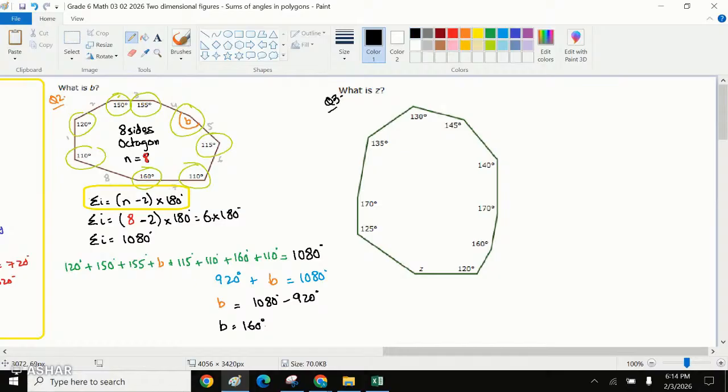Can we count the number of sides? We have to find this angle. This is unknown angle Z, right? Can we count the number of sides? Can we say 1 side, 2 sides, 3 sides, 4 sides, 5, 6, 7, 8, 9, and 10?